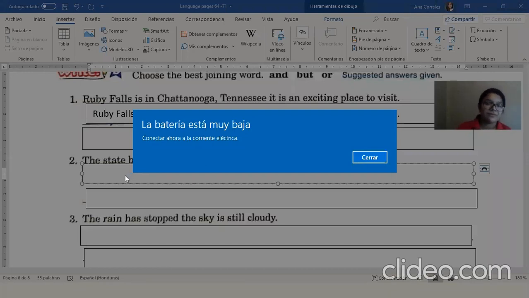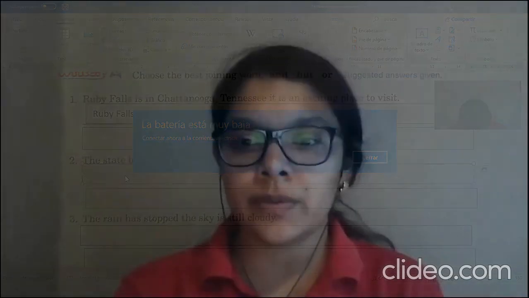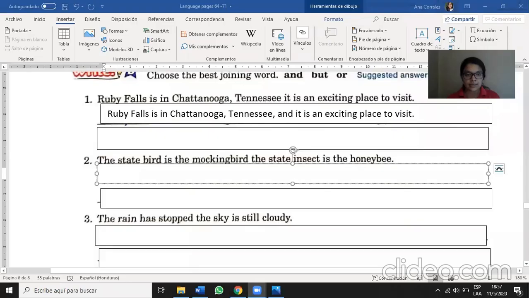So, guys, we will finish the exercise. We stay in the exercise 2. The state bird is the mockingbird. That state insect is the honeybee. We have run-on sentence here. We are going to write and, but, or.